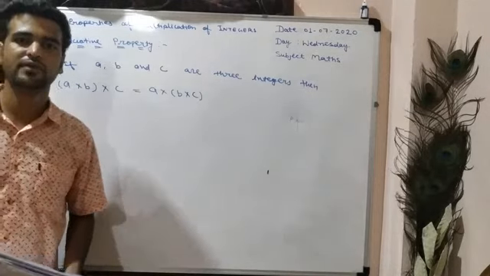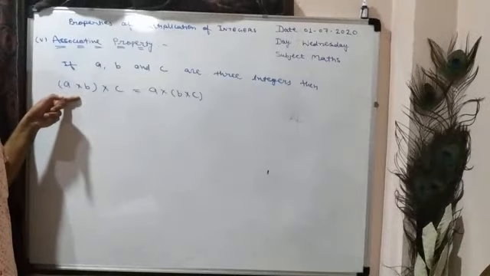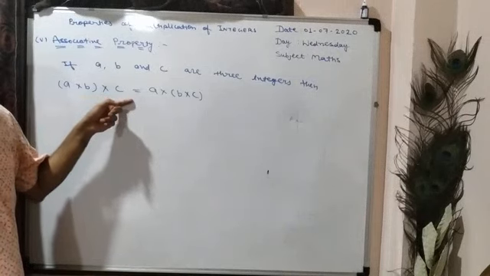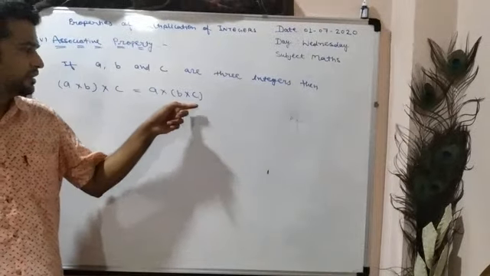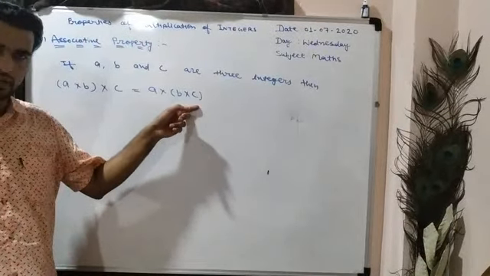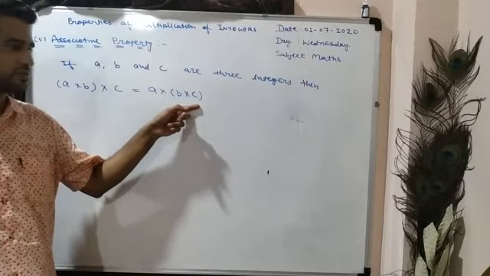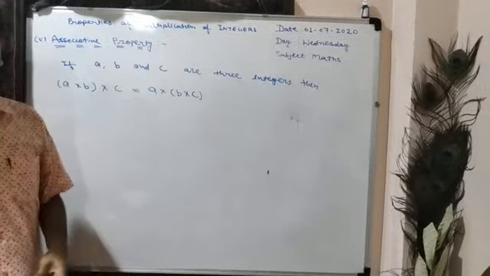It means whenever we have three integers, we can multiply two integers, then multiply the result with the third integer. The result will be equal to the multiplication of the last two integers, b and c, with the result then multiplied with the first integer. So these results will be the same.